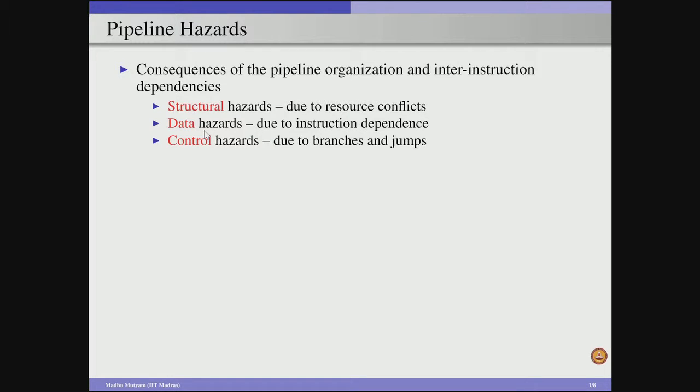The pipeline hazards are caused because of the organization of the pipelining as well as the inter-instruction dependencies, and these hazards can be classified into three categories. The first one is the structural hazard, the second one is the data hazard, and the third one is the control hazard.